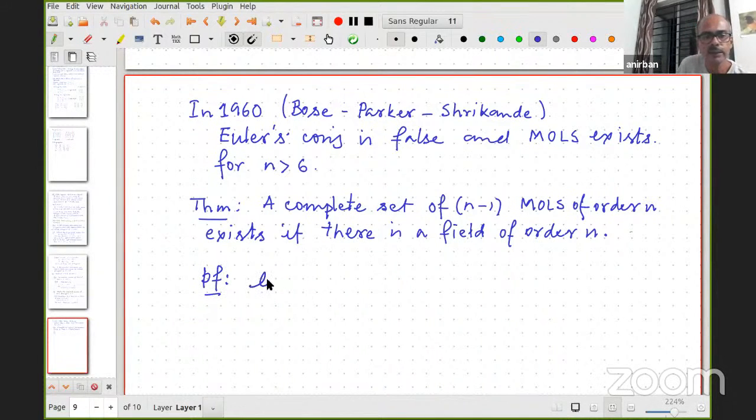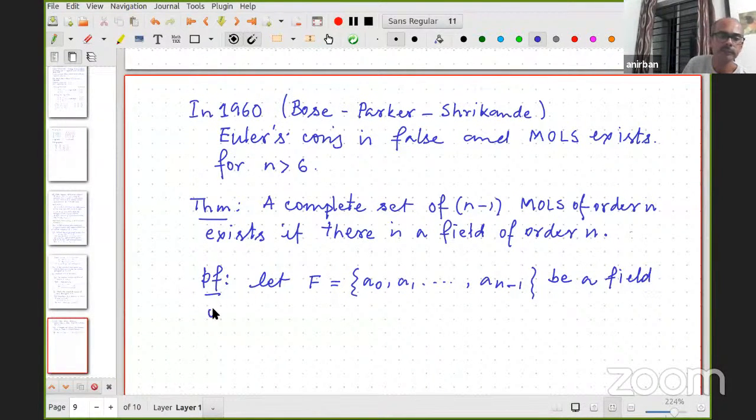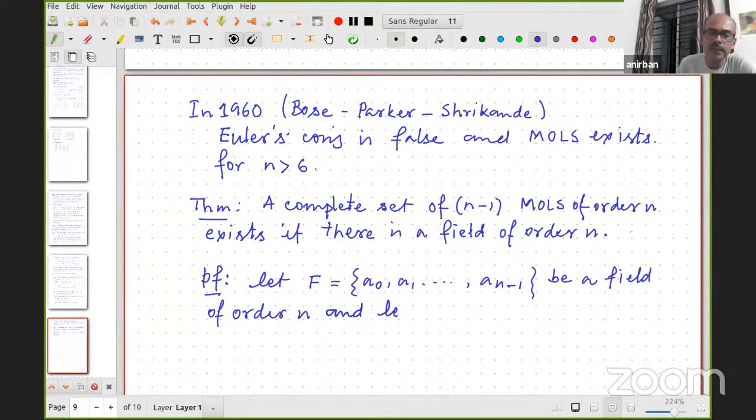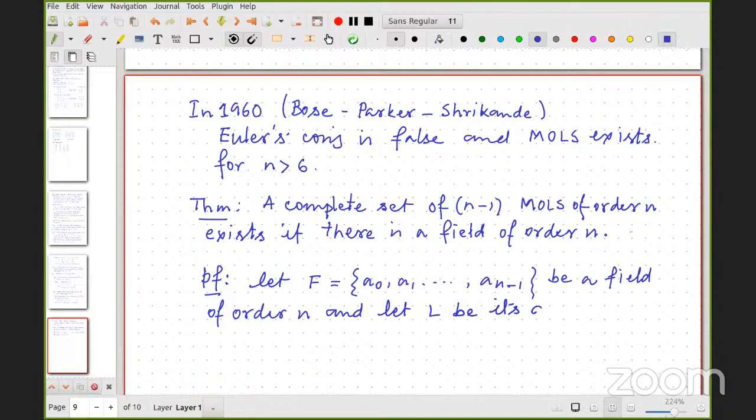Let F be a field of n elements, and we write them as a0, a1 to a(n-1). So let F be a field of order n, and let L be its addition table.